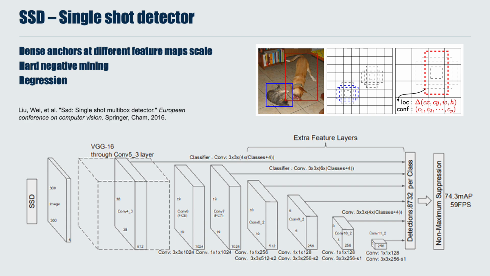And instead of having to choose via an RPN before doing the RCNN, they choose a strategy of hard negative mining, where they decide to train only on a specific ratio of negative versus positive samples, choosing especially negative samples to learn properly the difference, and they do a regression over the box in order to refine it. And below you have a copy of the network that they're using for it.